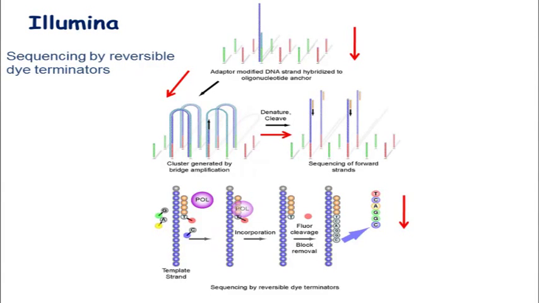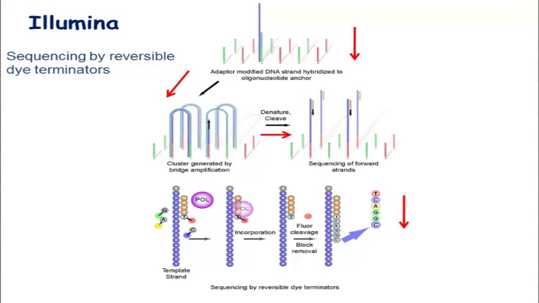It has been spotted with millions of these anchor sequences. The anchor sequences are paired. One of them has a sequence complementary to the 5' adapter. Another anchor has a sequence matching the 3' adapter.